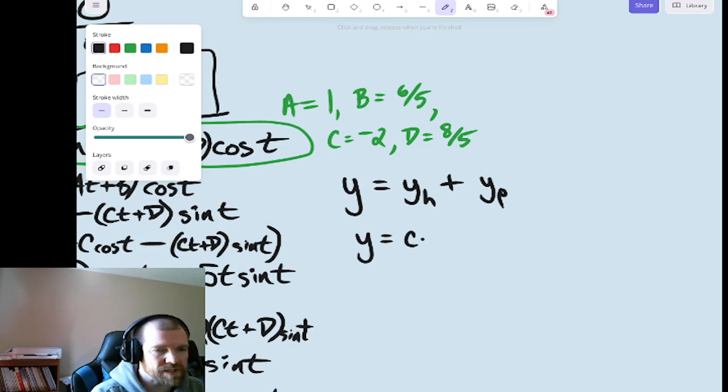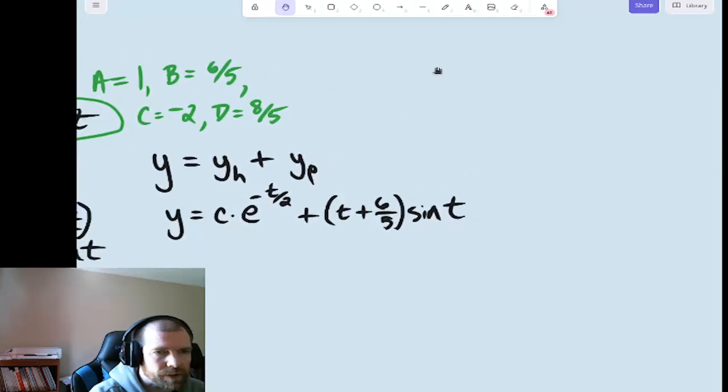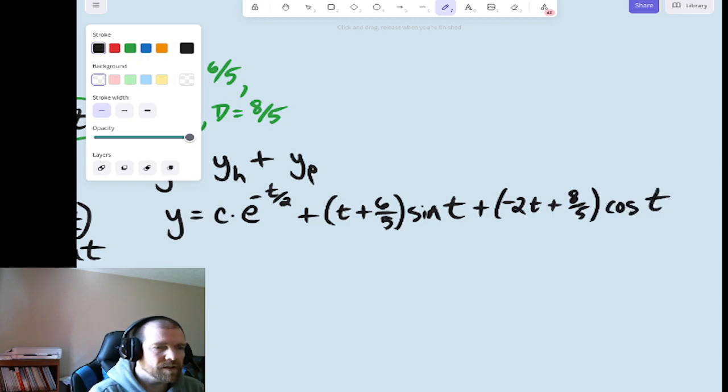So y is equal to c times e to the negative t over 2 plus, this is now going to be t plus 6/5 sine of t plus -2t plus 8/5 cosine of t. But wait, there's more.